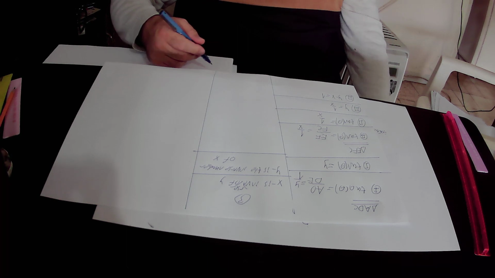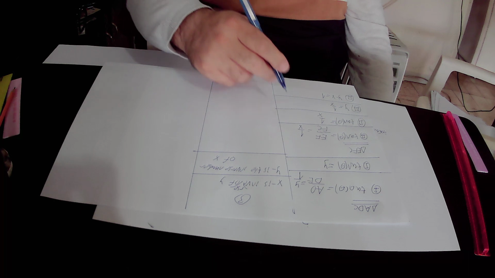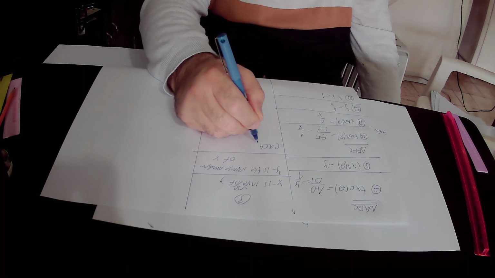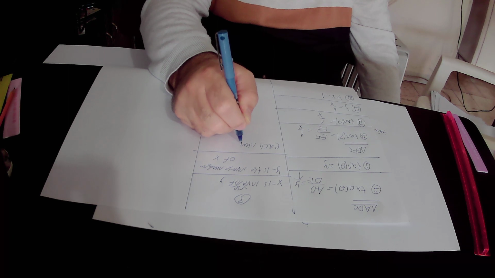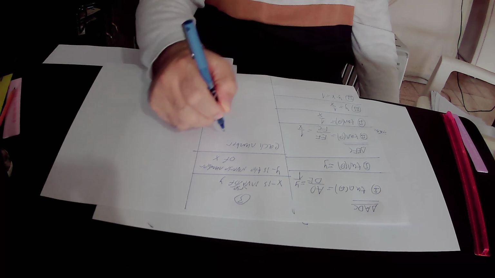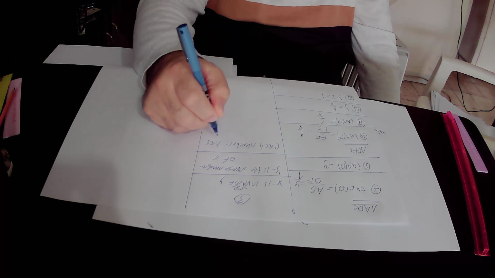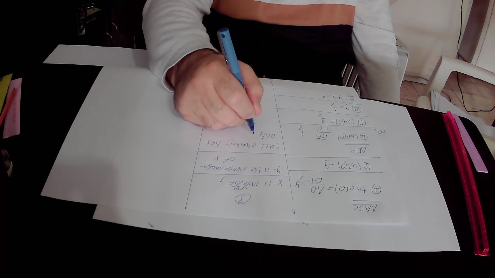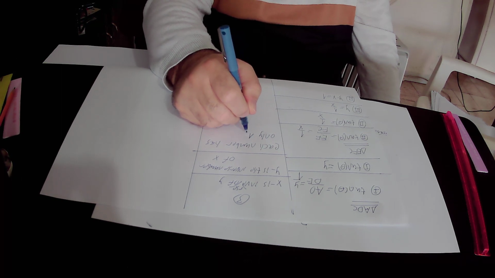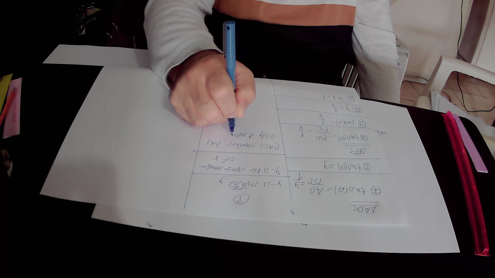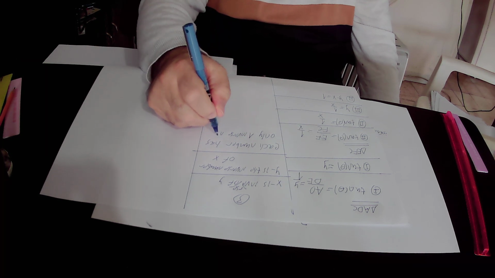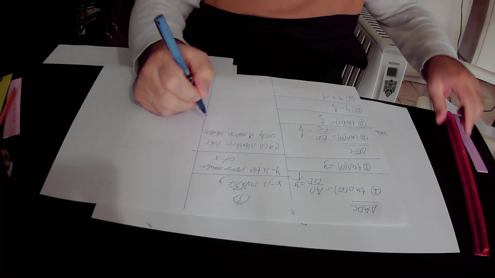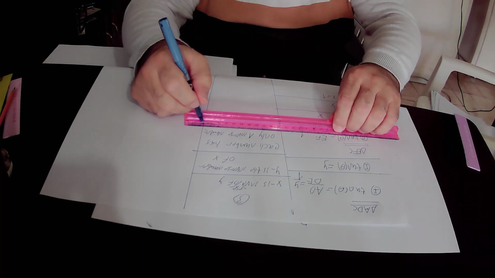The rule is that each number has only one inverse number.